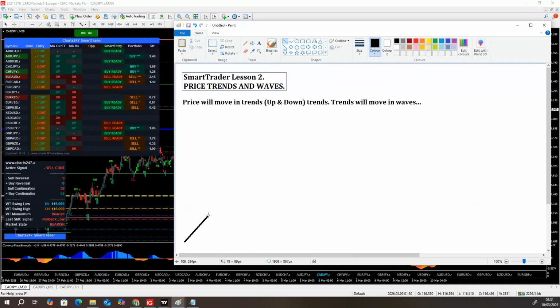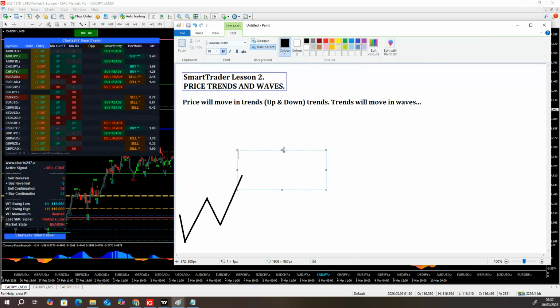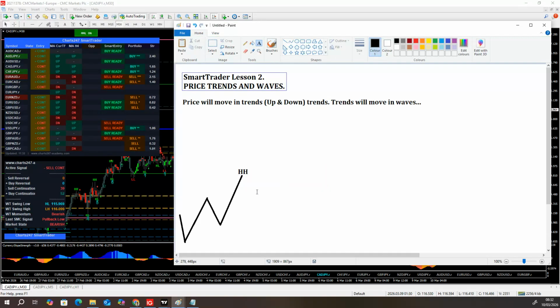So let's use an example of an uptrend. Okay, price becomes, we have a low, higher low, higher high. This is what we call the structural point. Okay, this is your structure. We say this is a higher high. All we have to do is to check this high against the previous high.